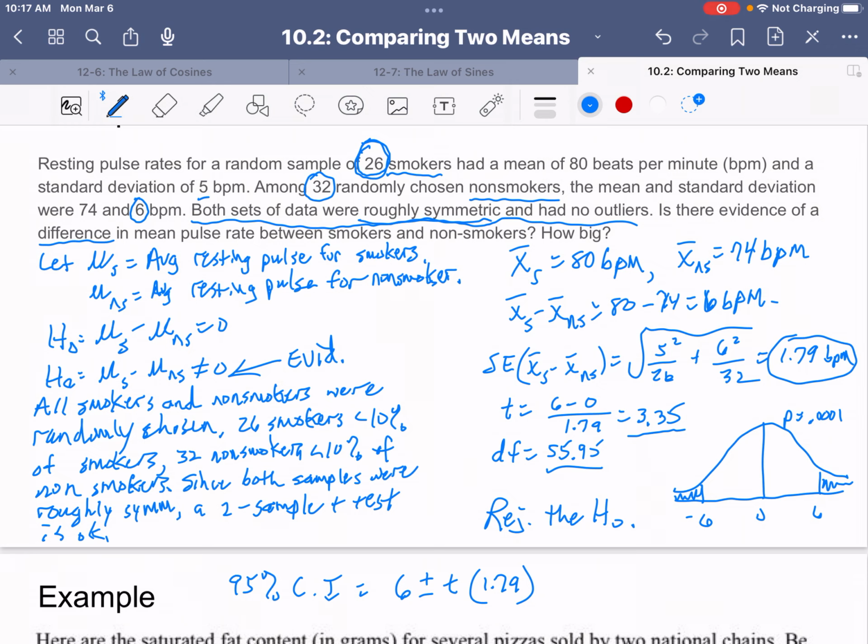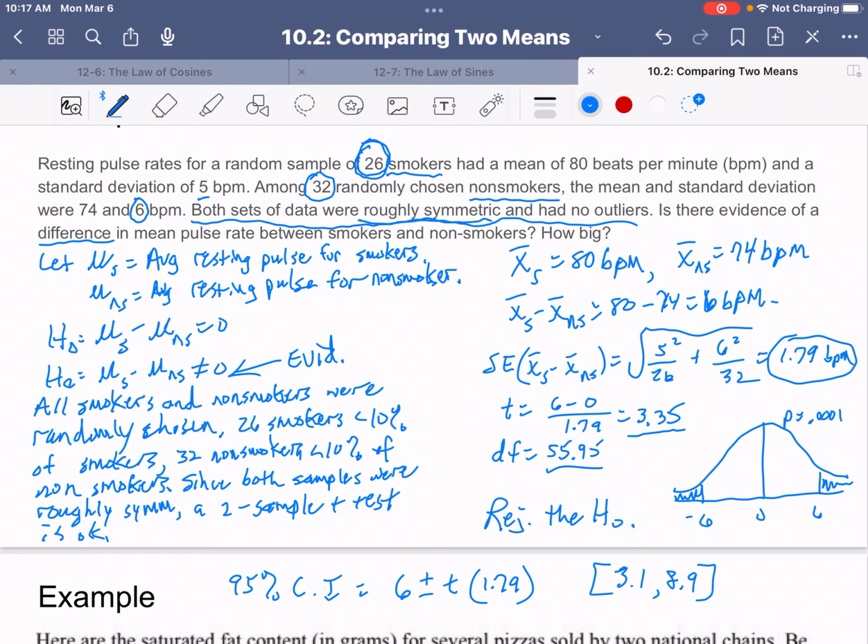And then it says confidence level, set it at 0.95, and press OK. And let's see, the calculator is telling me that the confidence interval goes from 3.1 beats per minute to 8.9 beats per minute.